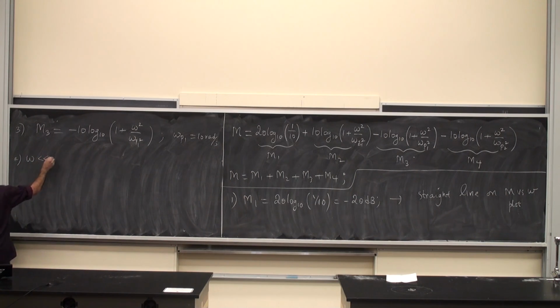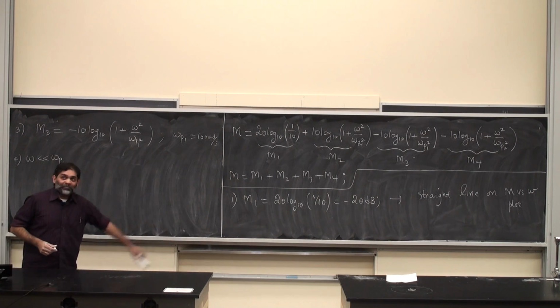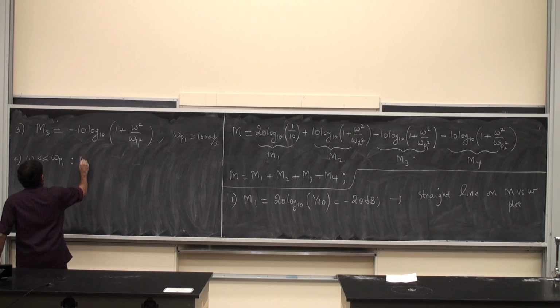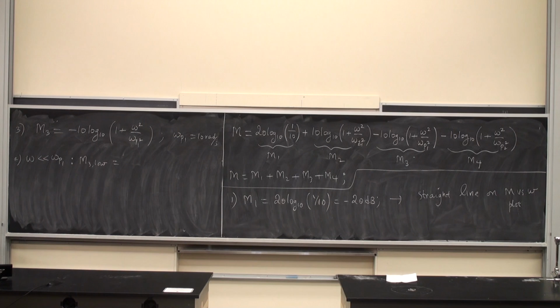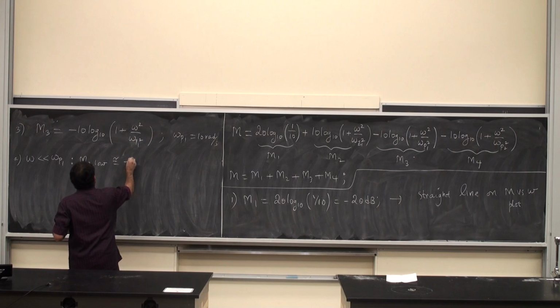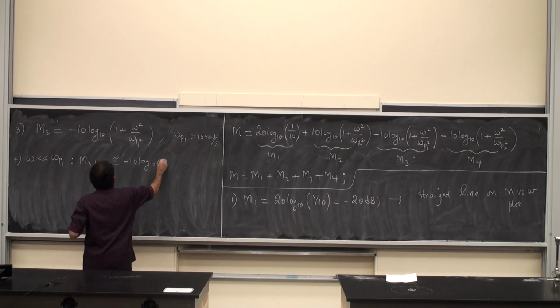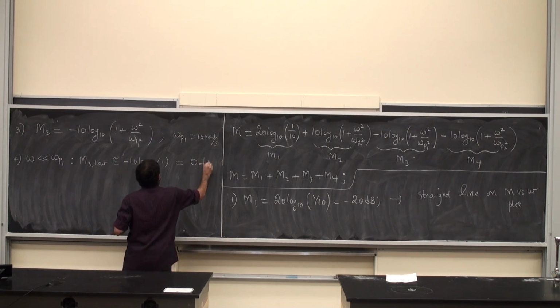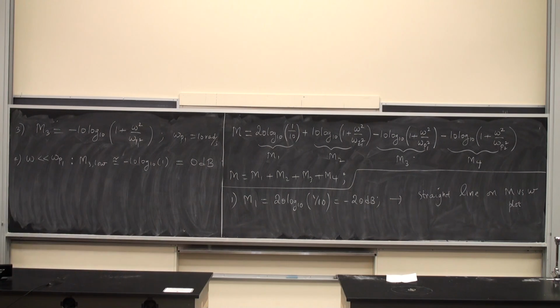For omega much less than omega P1, I'm taking the term M3. This is going to give me M3 low. Omega square by omega P1 square is much smaller compared to 1, so you can neglect that term. So this is approximately minus 10 log 10 of 1, which is 0 decibels. Exactly the same story for the omega greater than omega P1 case.